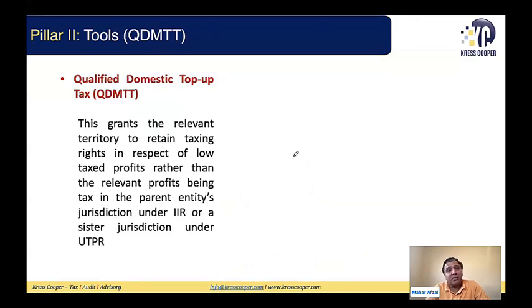As I told you, if the local entity, suppose UAE or any other jurisdiction that is part of the BEPS inclusive framework, is collecting tax locally under the guidance issued by the OECD, there are no chances of BEPS profit shifting here and there. Then whatever local taxes are collected by the local jurisdiction, they will be able to deduct this tax while adjusting 15%. We'll look into the examples.